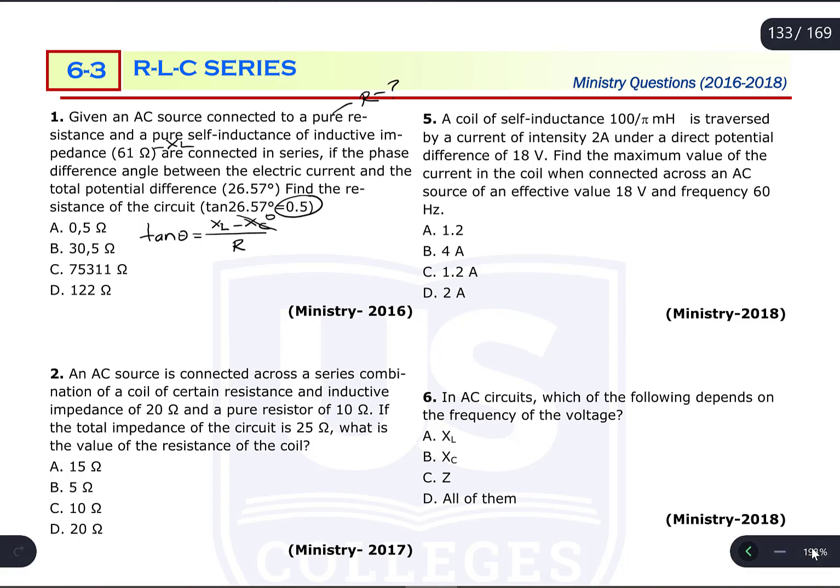It's given as 0.5. 0.5 is going to be XL over R. XL is given as 61 divided by R. To find R, we have the cross product 0.5 and R. R is going to be 61 divided by 0.5, which is going to be 122 ohm.